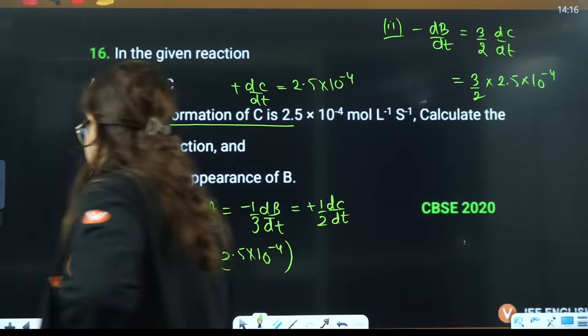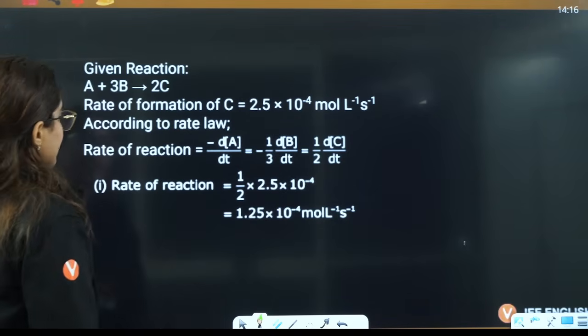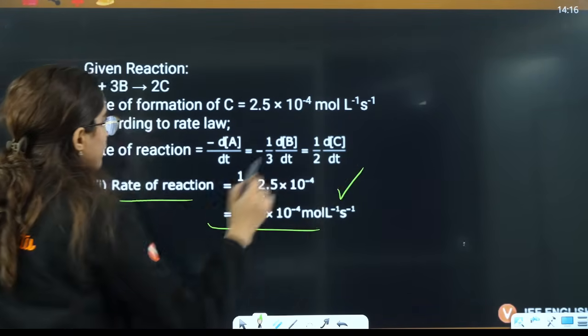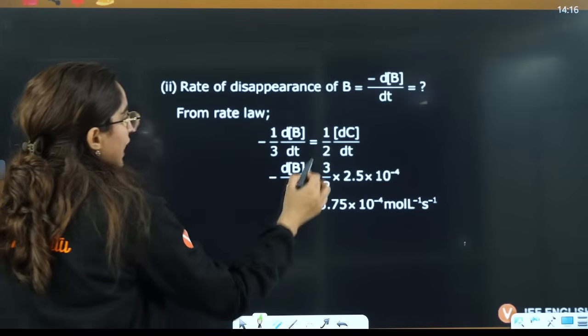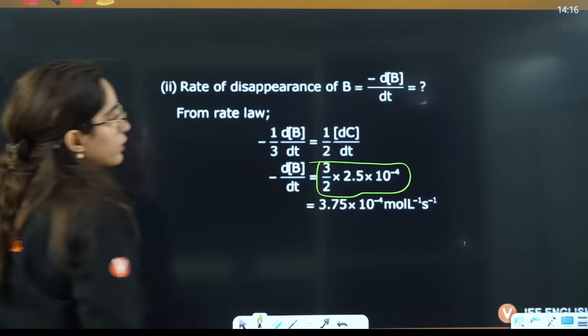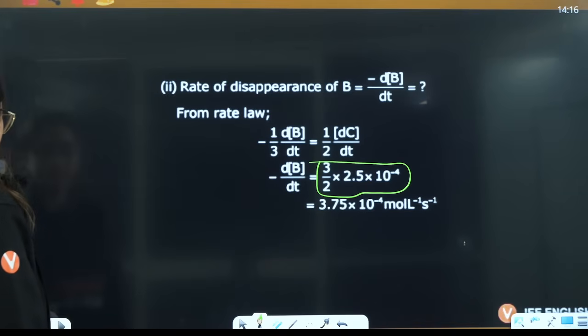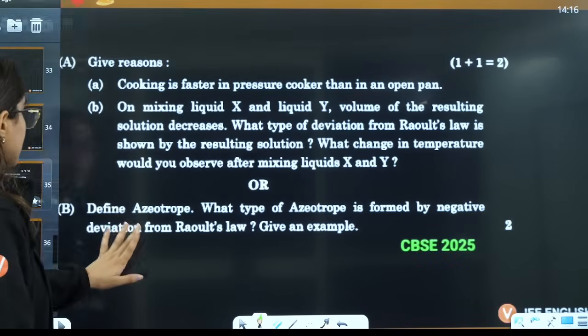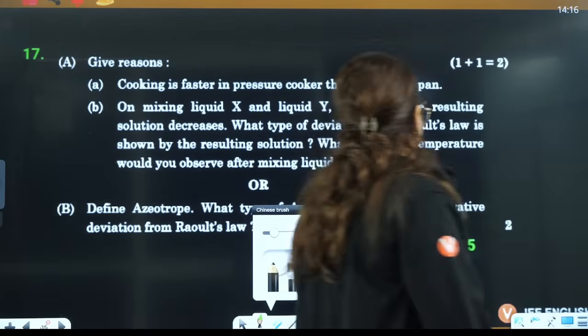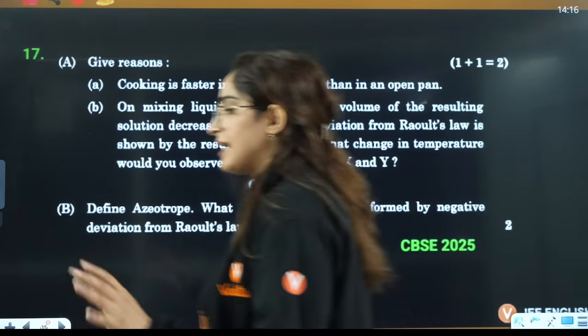That will be the answer here. Rate of reaction you can calculate, and after that you can calculate the value of this, that is 3 by 2 into dC by dt. Okay, everybody?